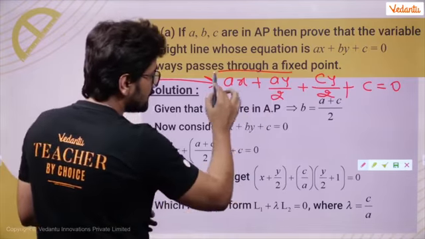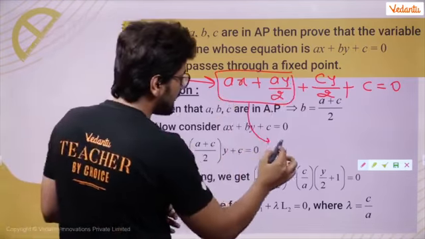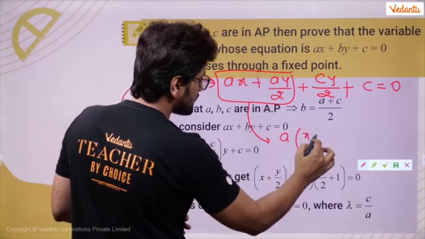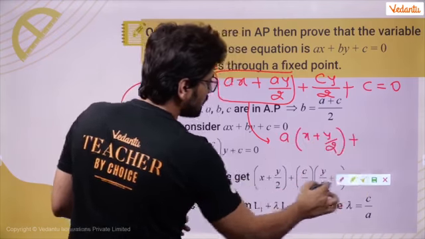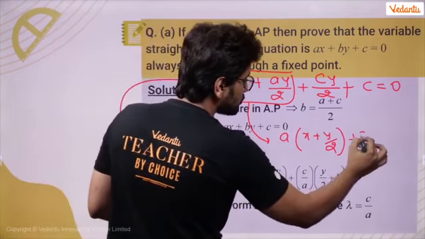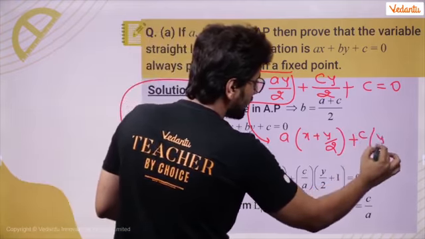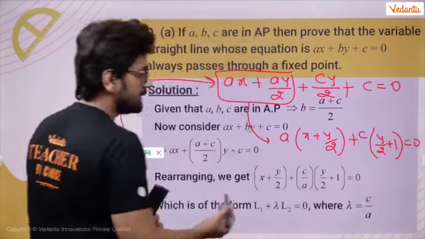From the first two terms you can take A common, so you can write this as A times x plus y by 2, plus, from the other two terms you can take C common, C times y by 2 plus 1, equal to 0, right?